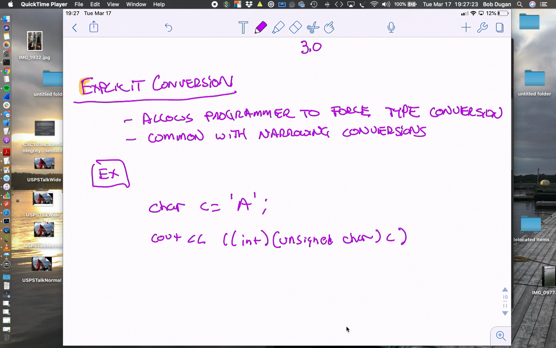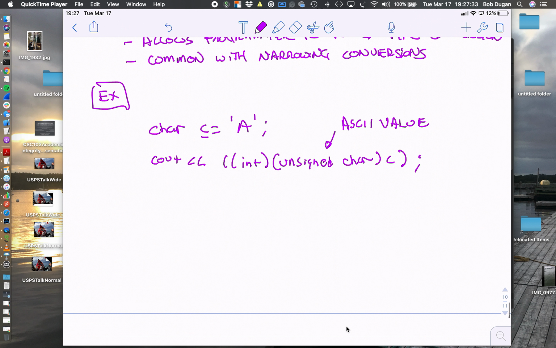And what this would do is it would give me the ASCII value for the character A. All right, so we're taking a character, which is basically a byte, and we're converting it into an integer and then displaying it.